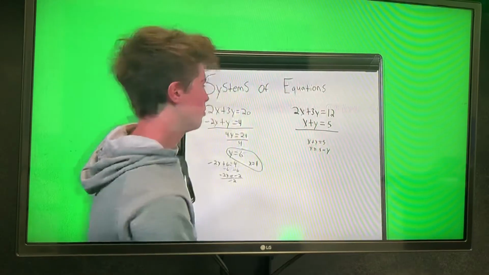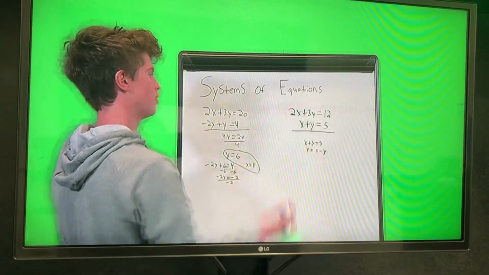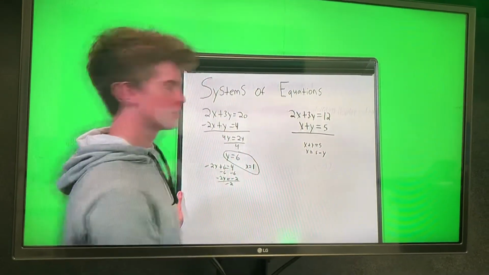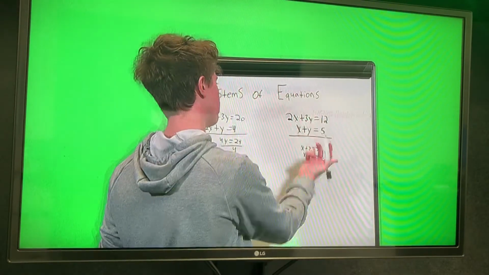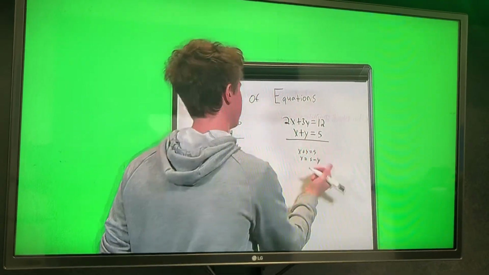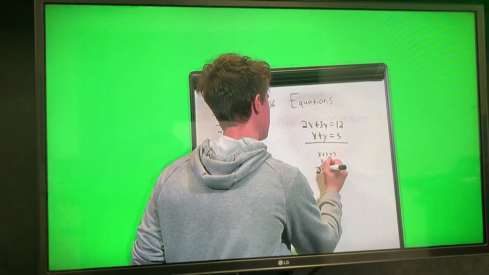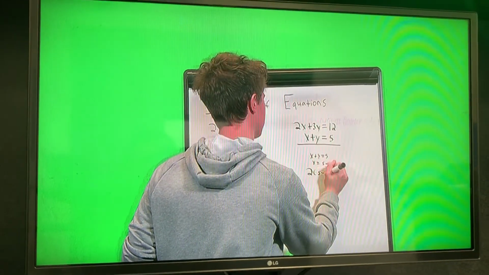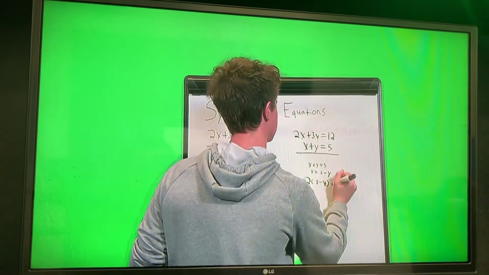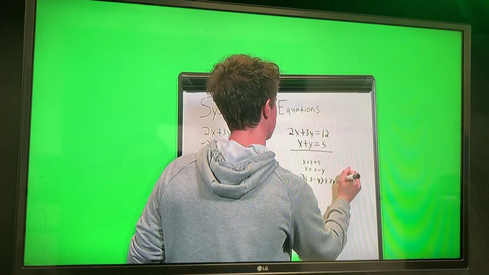So with that information, we can substitute that back into our first equation for the x. So then we're left with no more x in the top equation. So 2 times 5 minus y plus 3y equals 12.